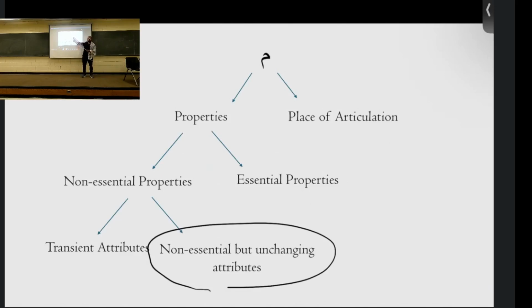What is an essential property? It's a property of the letter, something that if you remove it, the letter stops existing. One example we just did. For example, in dhal, if you stop vibrating your vocal cords, will the dhal exist? Right? So the dhal will stop existing if I stop the vibration.